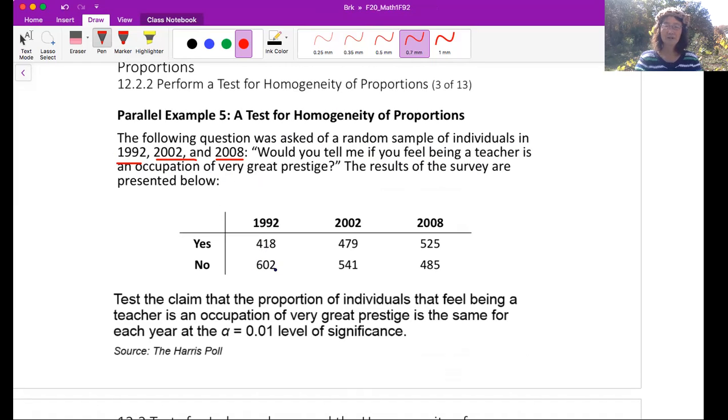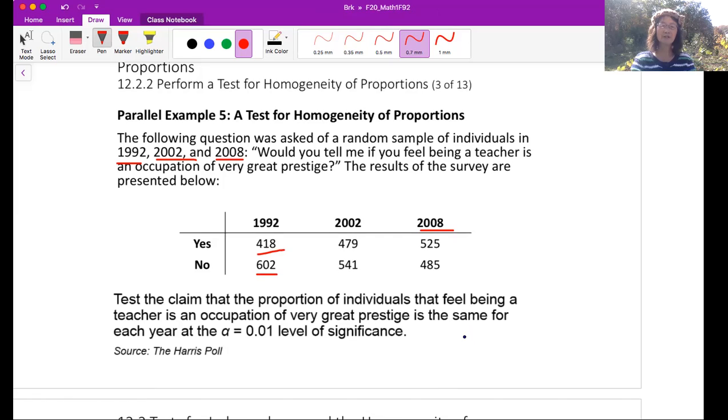Wow, you see in 1992, many chose no. In 1992, 418 select yes, 702 select no, but this difference actually decreased in 2008.